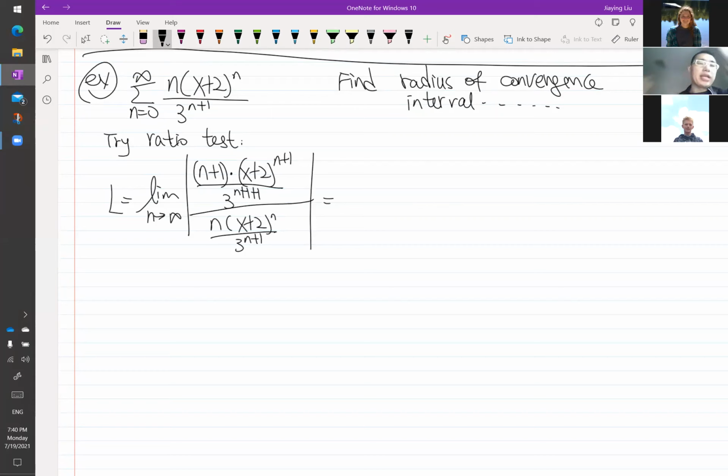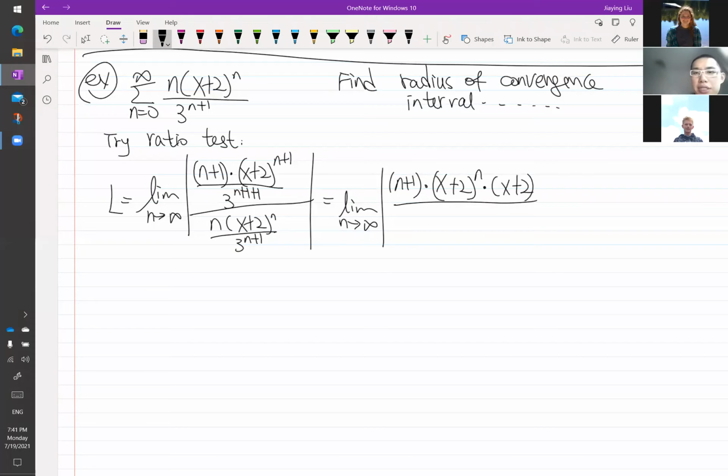And again, just like I have done before, I'm going to simplify this in the absolute value. So that's the limit as n goes to infinity of the absolute value, n plus 1 is just n plus 1. And then (x plus 2) to the n plus 1, I can write as (x plus 2) to the power of n times (x plus 2) to the first power.